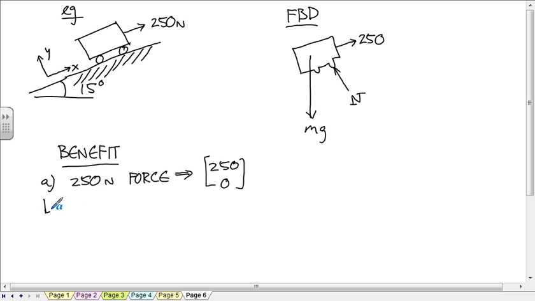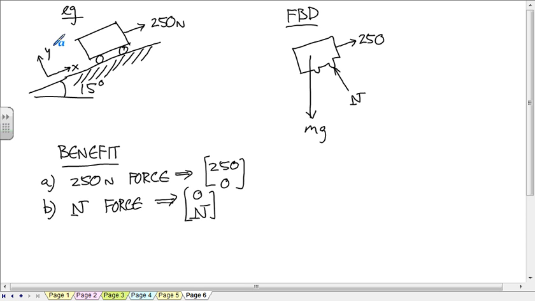The normal force is the vector 0, n, because it's in the direction of the y-axis. And notice that both of these, if we were using the standard coordinate systems, they'd have all these cosines and sines floating around.